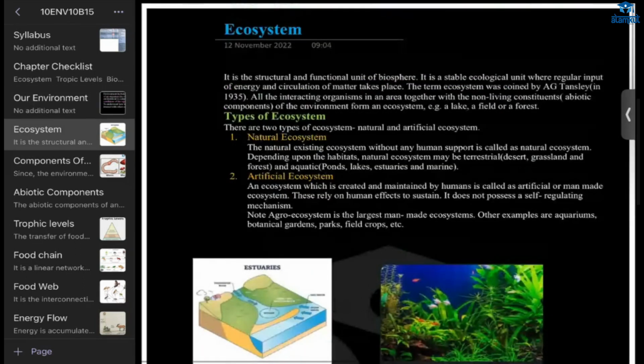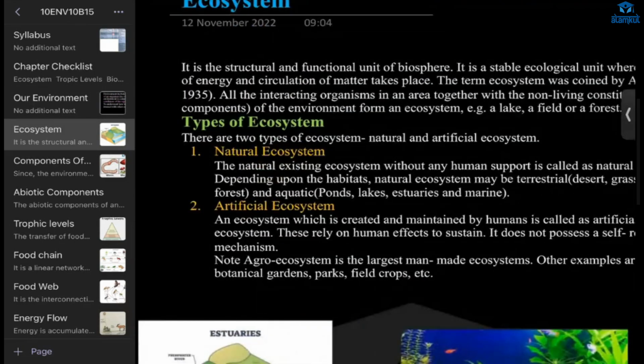Next, ecosystem. It is the structural and functional unit of the biosphere. And inside the biosphere, what do we have? We have the lithosphere, the land, and hydrosphere, atmosphere. The interaction between all those things is the biosphere.